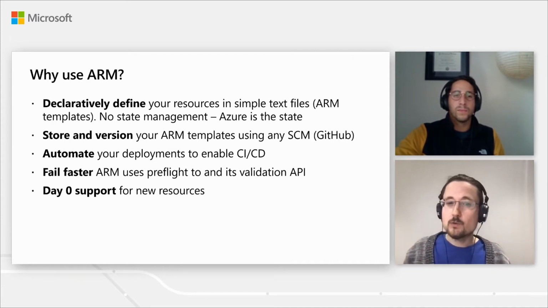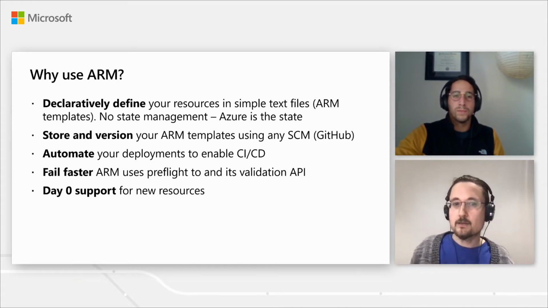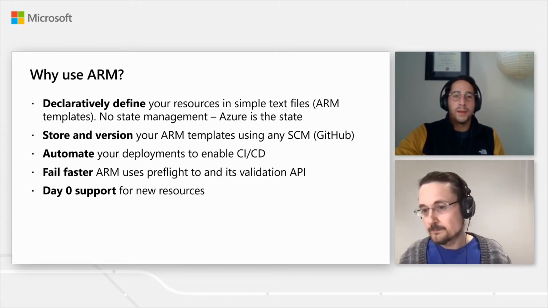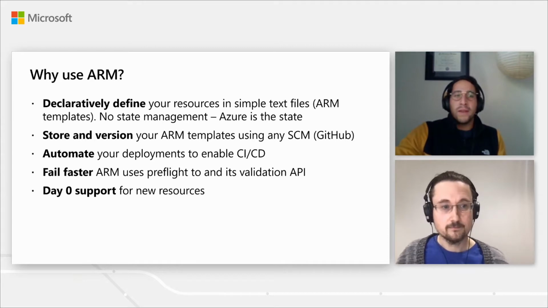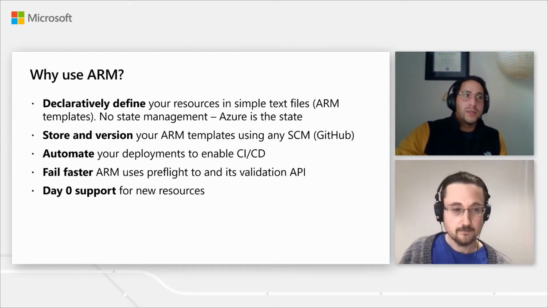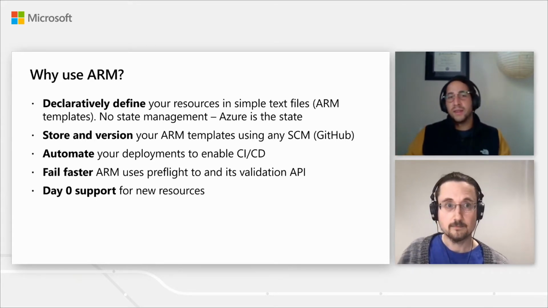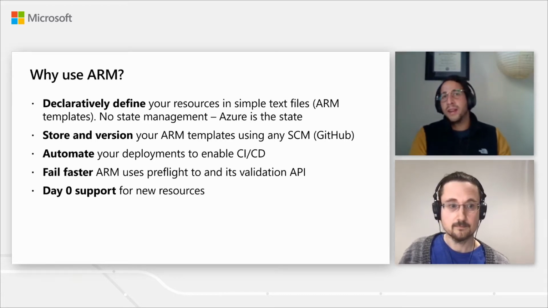One thing I wanted to know more about, maybe you can tell me, Angel. There's this notion of failing fast and using pre-flight. Can you tell us why that's such a killer feature? Definitely. So when we mean fail faster, it's not just fail fast in the sense of break something and figure it out, but fail fast with some validation, some guidance as to how to get to a working state.